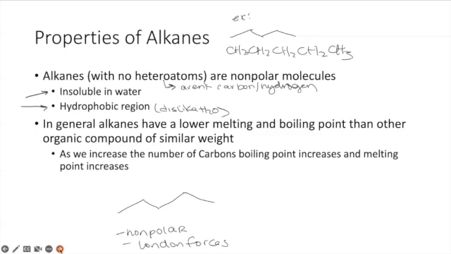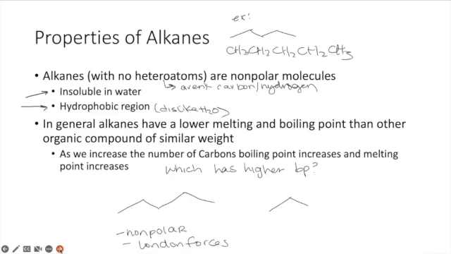So what if I were to compare two molecules that were both alkanes, and I was asked to compare their boiling points? Which one has a higher boiling point? I'll put BP for boiling point.